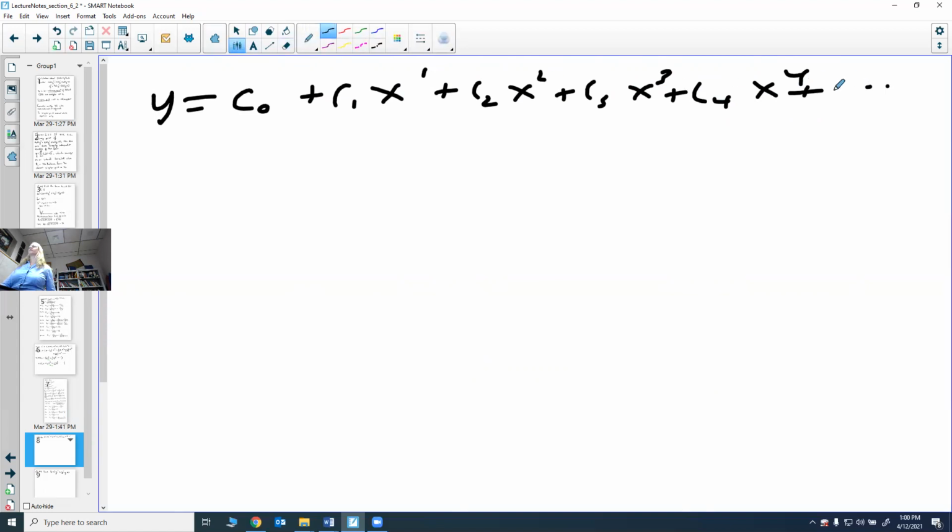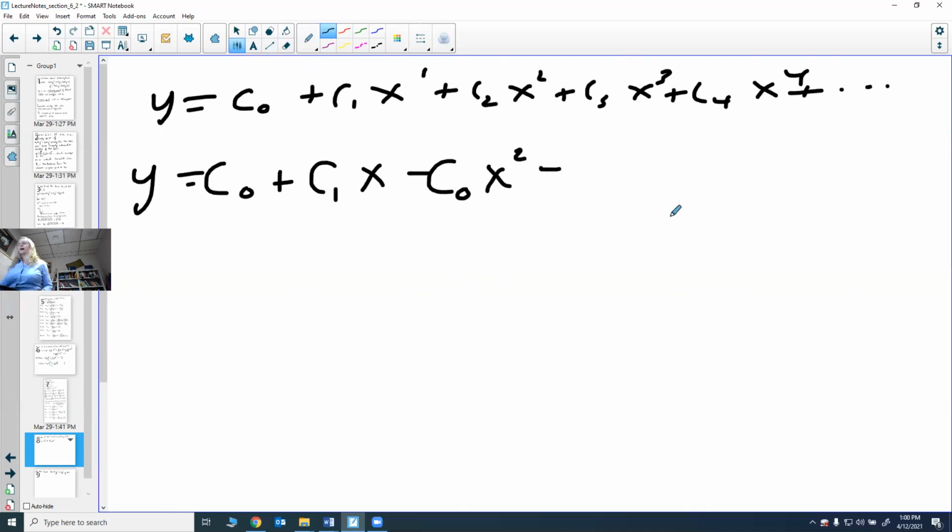And so all we have to do is start putting in what these terms are. C0, we don't know what that is, so we're just going to start there with C0. C1, we also don't know what that is, so C1 times x. C2, we actually found out was negative C0. So we have negative C0, x squared.